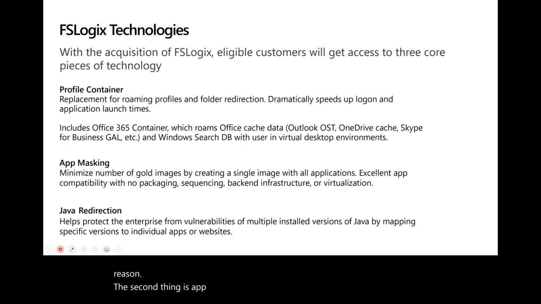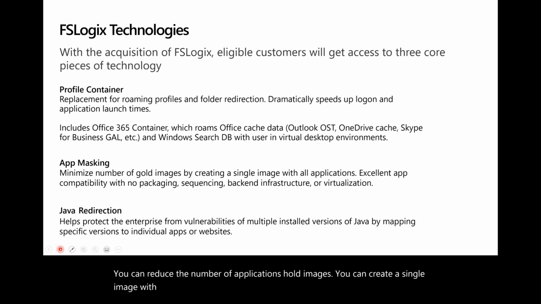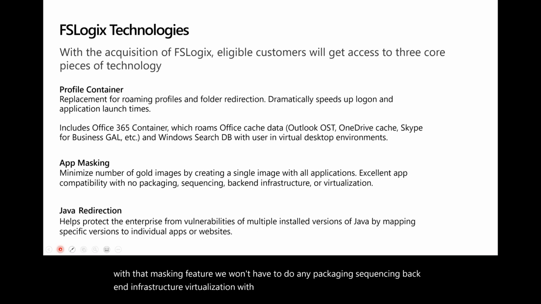You don't have to have a lot of gold images. You can reduce the number of application gold images. You can create a single image with all applications, and you get excellent app compatibility with the app masking feature. You don't have to do any packaging, sequencing, backend infrastructure, or virtualization with your existing applications. The last thing is Java redirection.